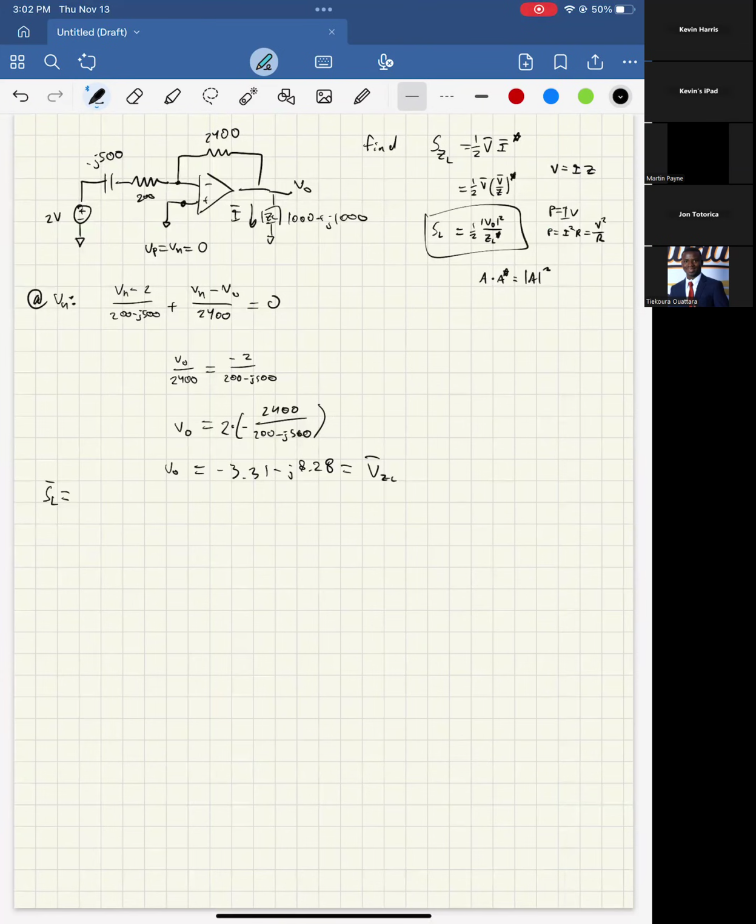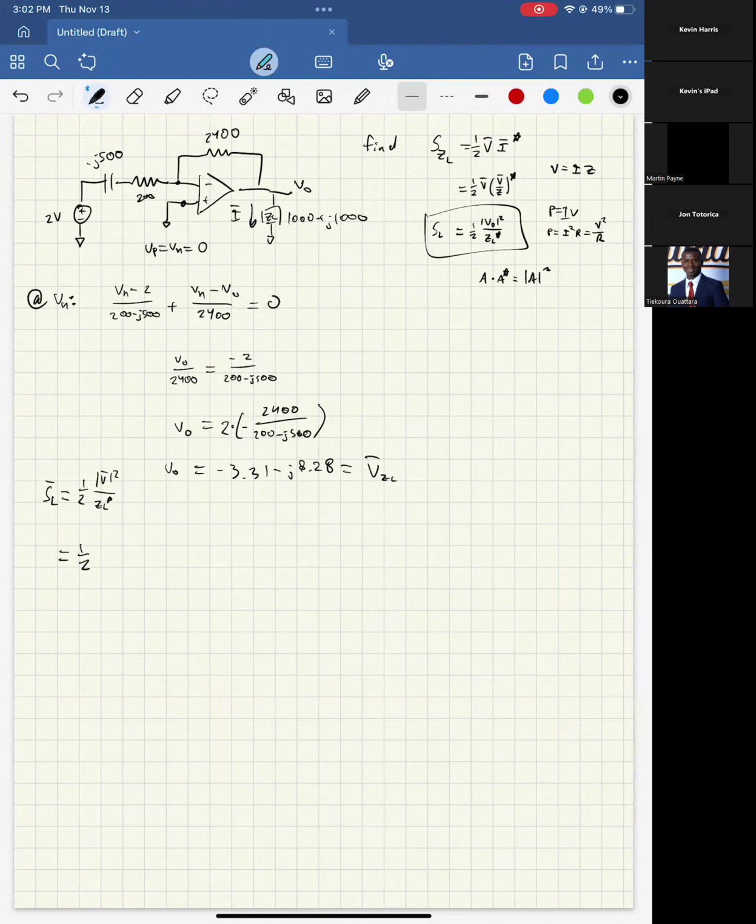So anyway, we know that SL equals 1/2 of the voltage there squared. So this is the V bar squared over the conjugate of ZL. And in this case, what is the magnitude of V naught squared?